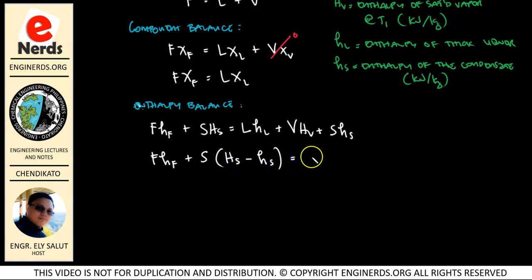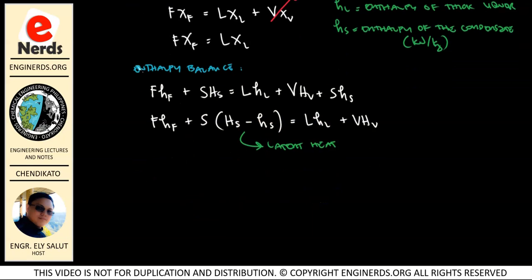And this is equal to LHL plus VHV. Okay? And one thing that we need to take note here is that the difference between the enthalpy of our steam and the enthalpy of our condensate is the latent heat of vaporization. Okay, so this is actually the latent heat, or the latent heat of condensation, I mean.